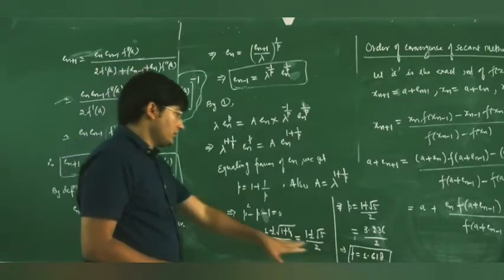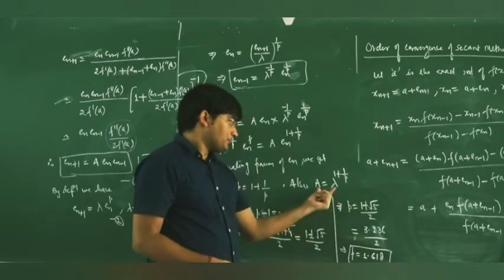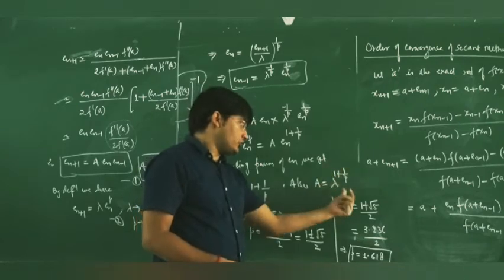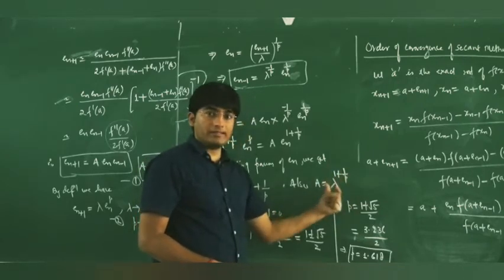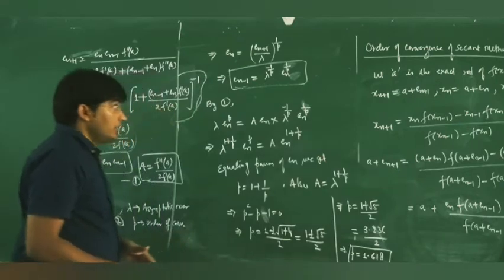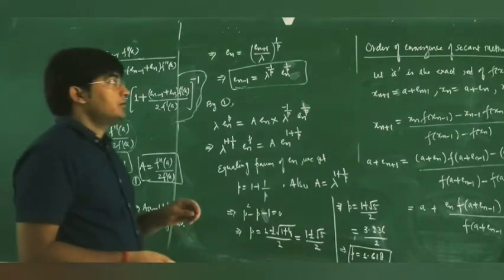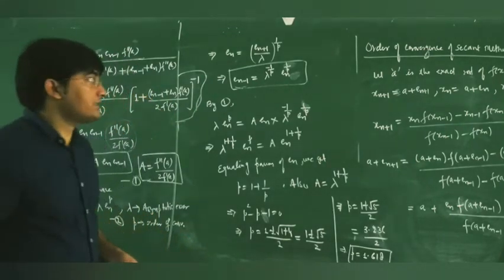Now this is your order of convergence, and your asymptotic error can be obtained with the help of this lambda. Okay, now what is the order of convergence of the Regula Falsi method?